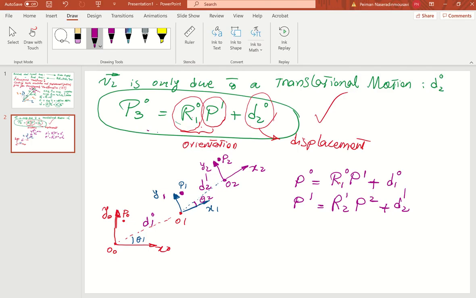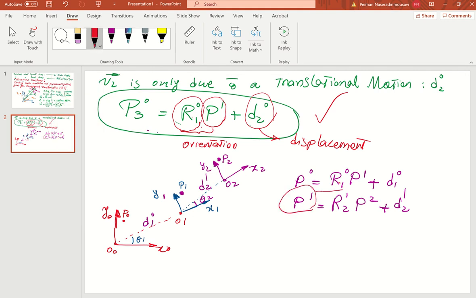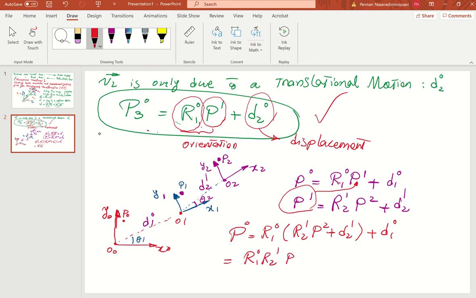So now I'm going to replace this inside here. The final position of P with respect to 0 is going to be R1 with respect to 0, R2 with respect to 1, P2, plus D2 with respect to 1, plus D1 with respect to 0. If you expand that, you have R1 with respect to 0, R2 with respect to 1, and P2.